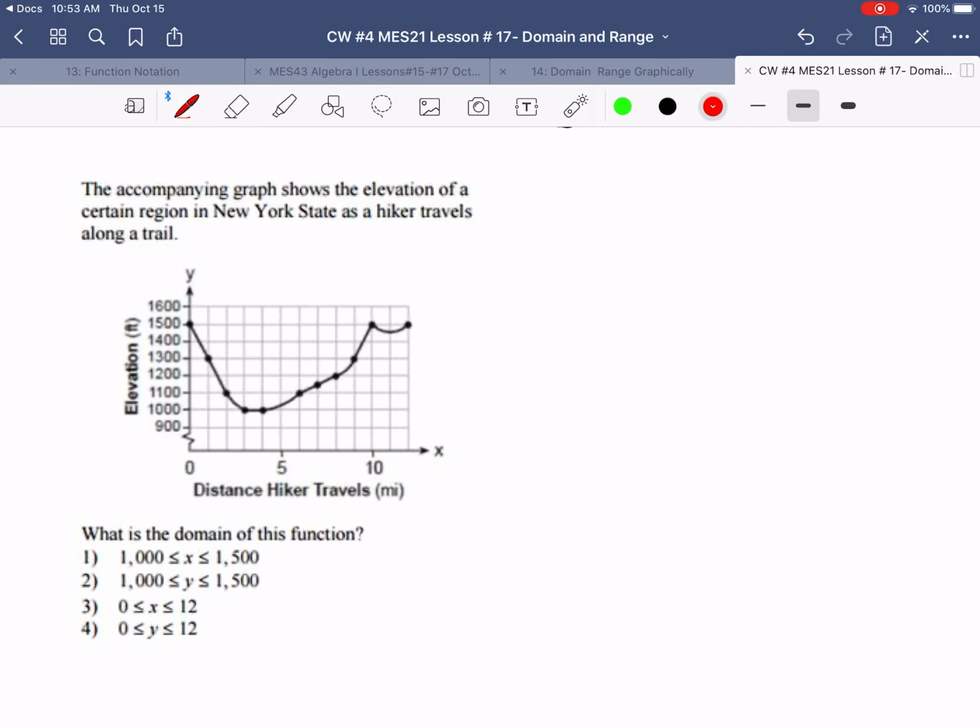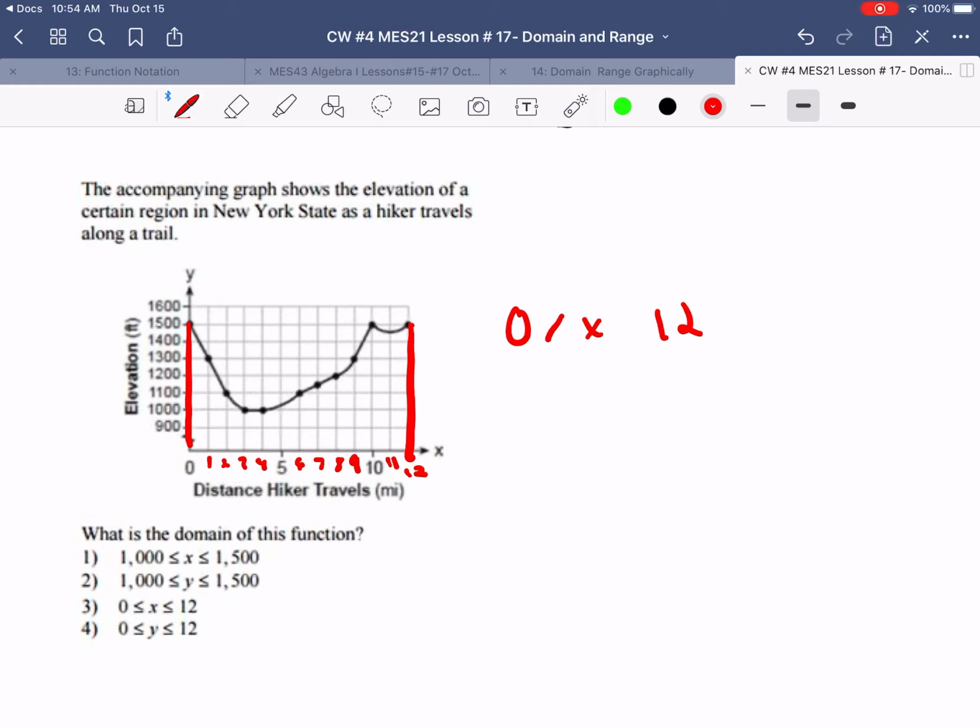So like we said, the domain, the function here starts at 0. So part of it is 0. And it goes until, we have to see, this goes by 5. So 1, 2, 3, 4, 5, 6, 7, 8, 9, 10, 11, 12. So x is between 0 and 12.